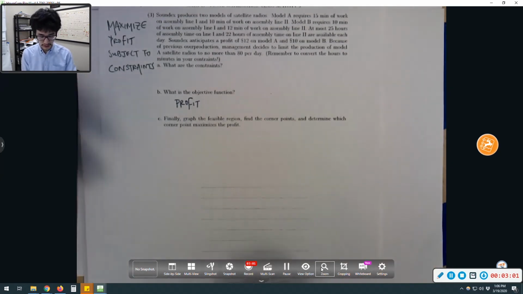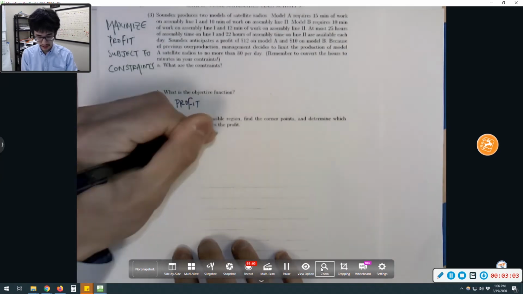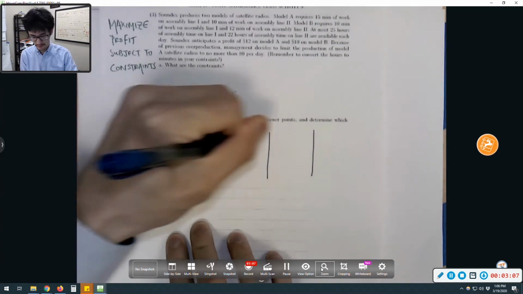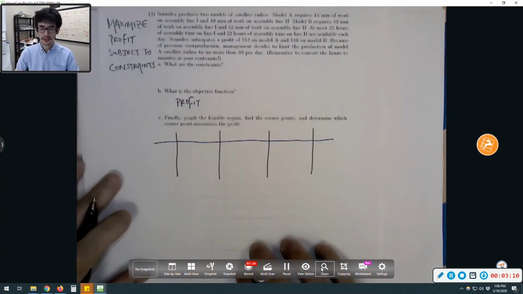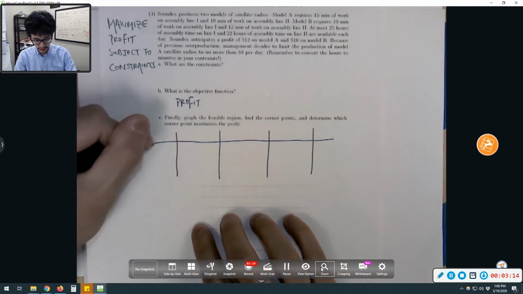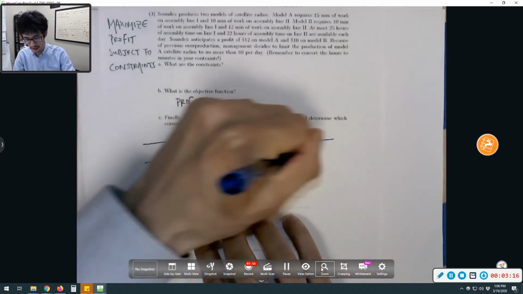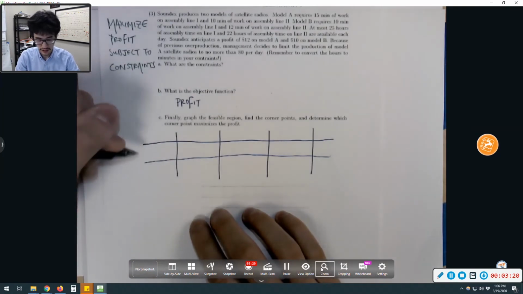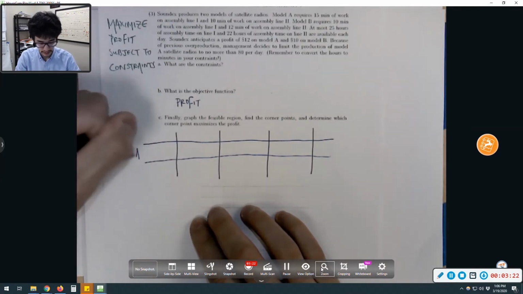I'm just going to make a sort of 4-column table here, and we have some rows. The rows are going to be which assembly line.